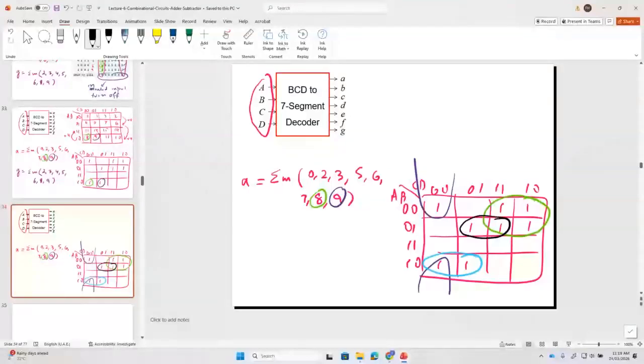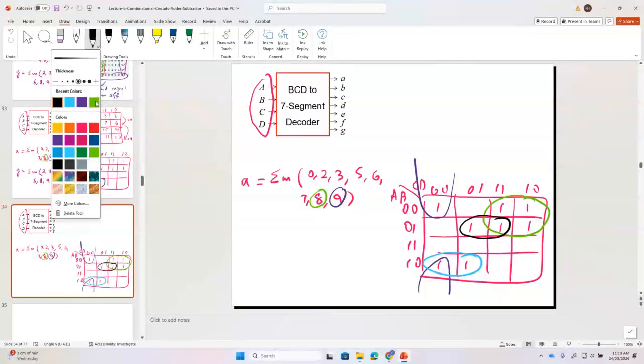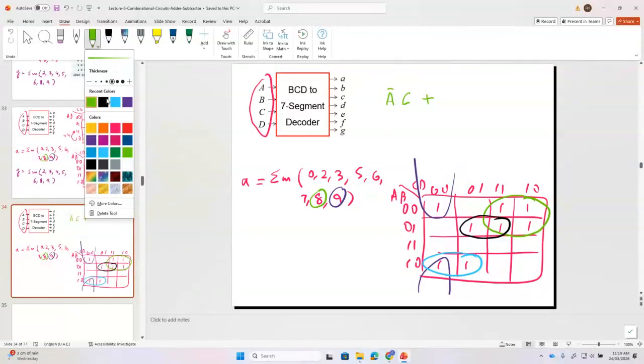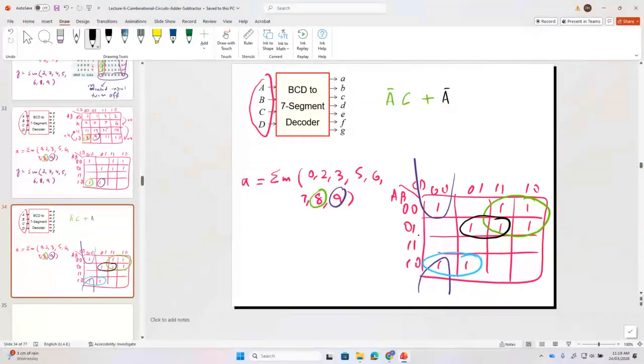So what is the expression now? For the green one, can anyone tell me the expression for the green one? A bar C plus. Now I want the expression for the black one: A bar B, plus.